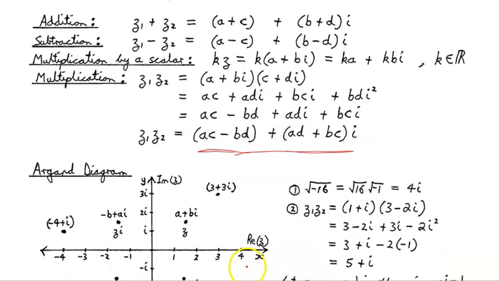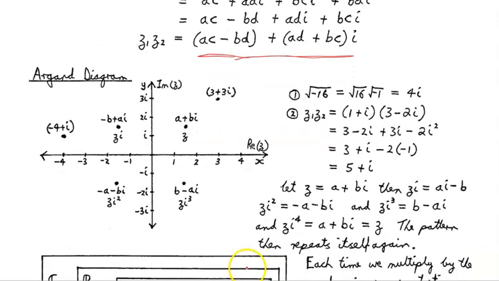We can represent complex numbers on the Argand diagram. The Argand diagram has a real axis: the real part of the complex number is plotted along the horizontal axis, and the imaginary part is plotted along the vertical axis. So for instance, the point 3 plus 3i has real part 3 and imaginary part 3.